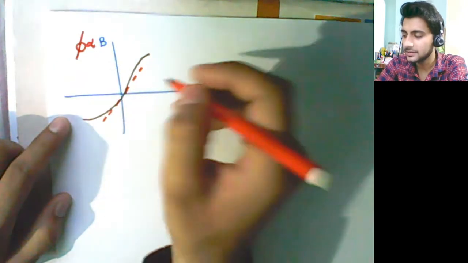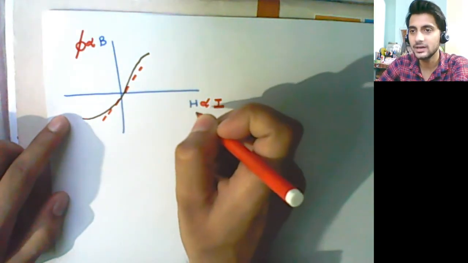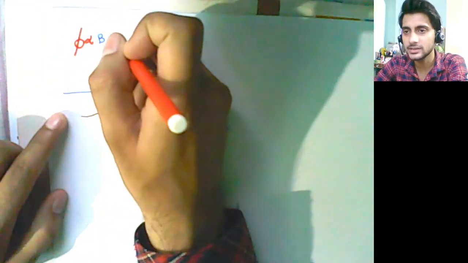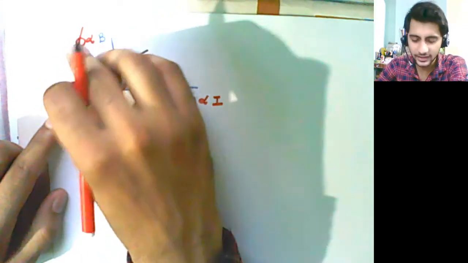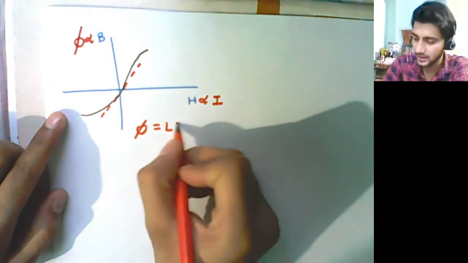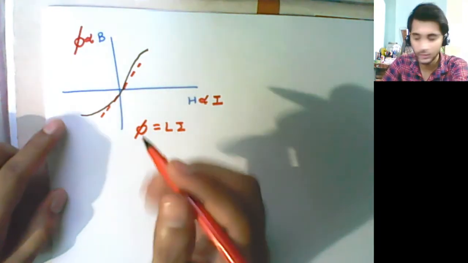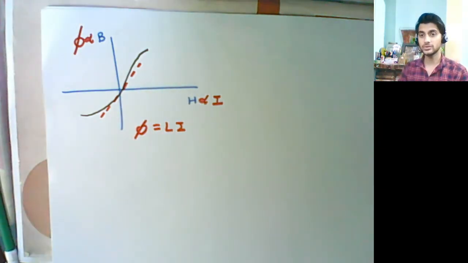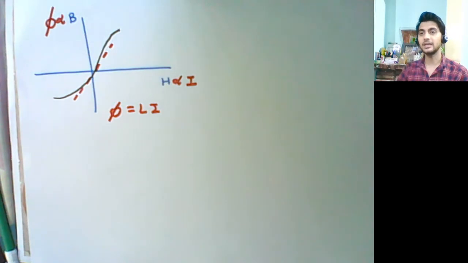So in a way, because our magnetic field intensity is proportional to current, and the induced magnetic field is proportional to the flux, there is a direct relationship between this phi and this i, and we call that phi equals Li. From here we can, okay. Now, because you understand that if current flows in a particular circuit, then a magnetic field is induced, now we come to the concept of mutual inductances.